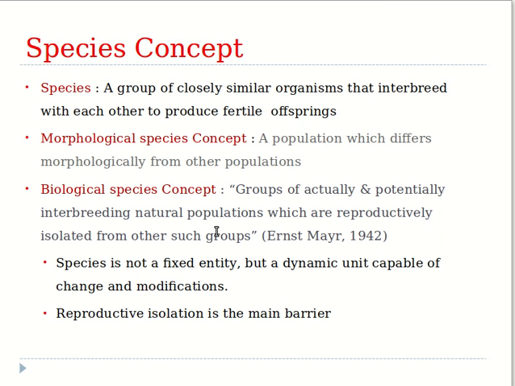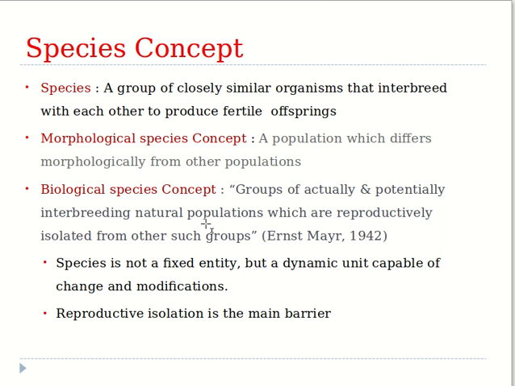So, here groups of interbreeding natural populations, that is the first point which we have to stress. Secondly, these populations are actually reproductively isolated from other such groups. So, according to this, species are absolute realities and typified by individuals. The major proponents of biological species concept are Mayr, Dobzhansky, and Jordan.